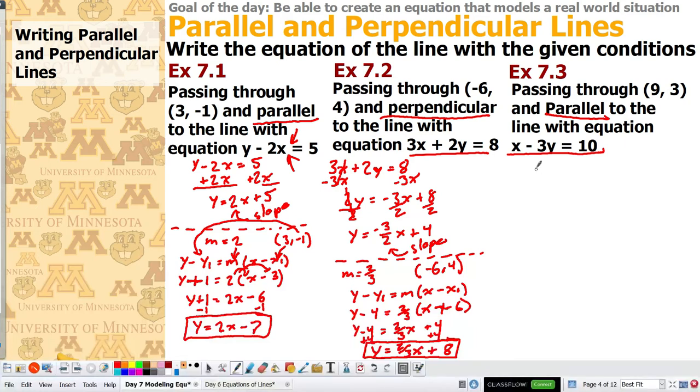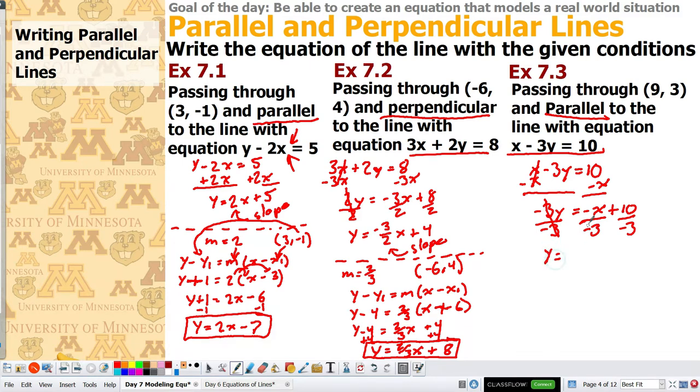Get y by itself, so I'm going to minus x, minus x. Here the minus stays with this y, so it's minus 3y equals negative x plus 10. Then I'm going to divide everything by negative 3.